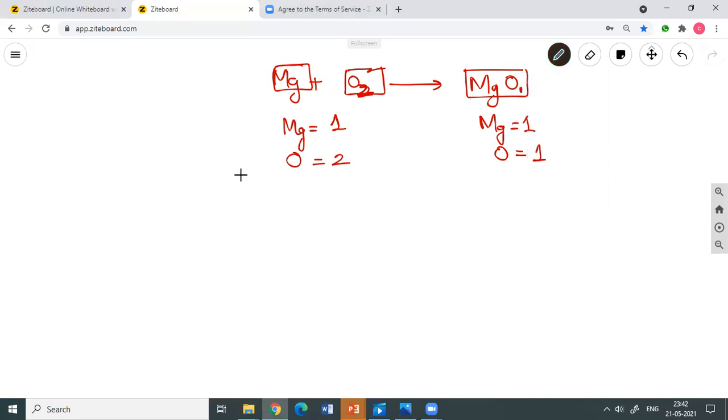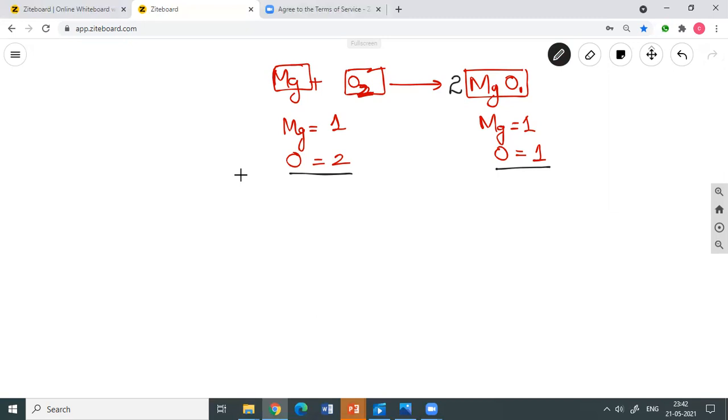Since oxygen is unbalanced on both sides, with two oxygens here and one oxygen there, let us quickly keep a number where oxygen gets balanced. Please remember the rule: you cannot write inside, you cannot write here or here. You have to write the number here. Now oxygen is 2 here and 2 here, so both sides are balanced. But in balancing the oxygen, we have also disturbed the number of magnesium.